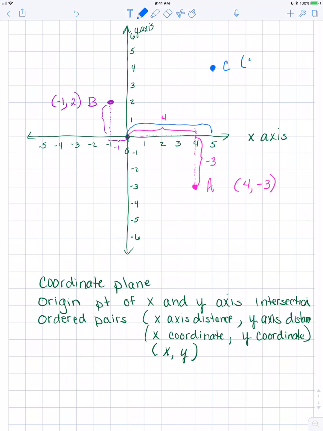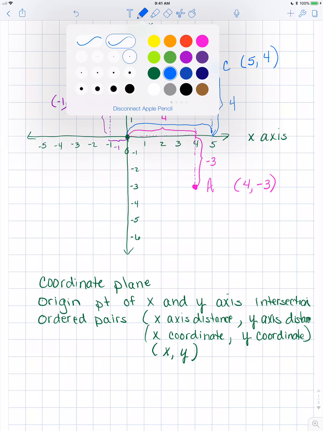So that's going to be 5. And then we're going from the x-axis 1, 2, 3, 4. And that's positive 4. So point C is 5, 4. All right, so hopefully you're getting the hang of that.